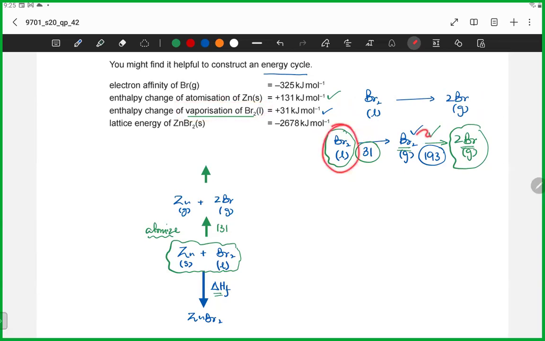But that's just bromine liquid evaporating into gaseous molecules, and then I broke the bond. So basically I ended up at the same point. So this step is also 31 plus 193. Okay, so I've atomized zinc in one step, and I've also atomized bromine in the same step. Is this thing clear?